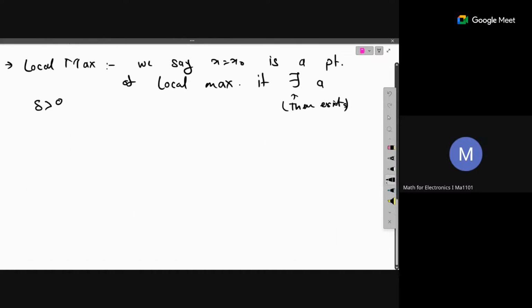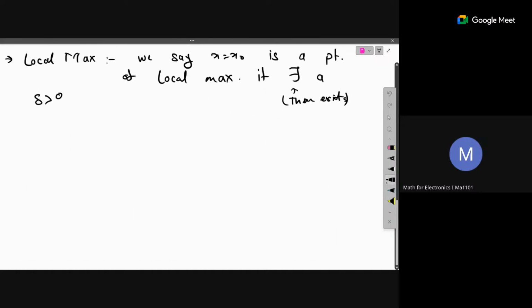Sorry, so what is a local maxima? Local maxima is that point where our function achieves the maximum value over some very small interval, and for that small interval we refer to delta greater than 0.